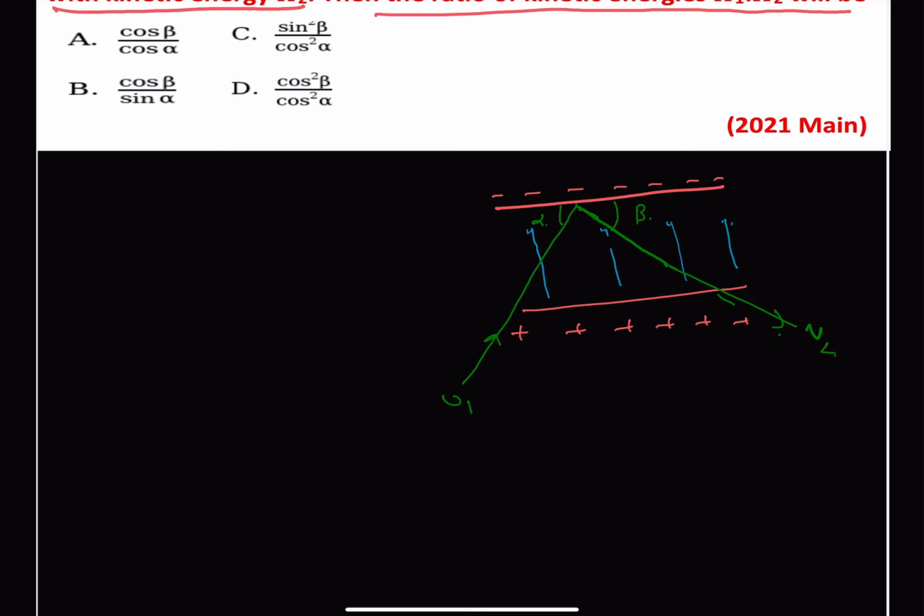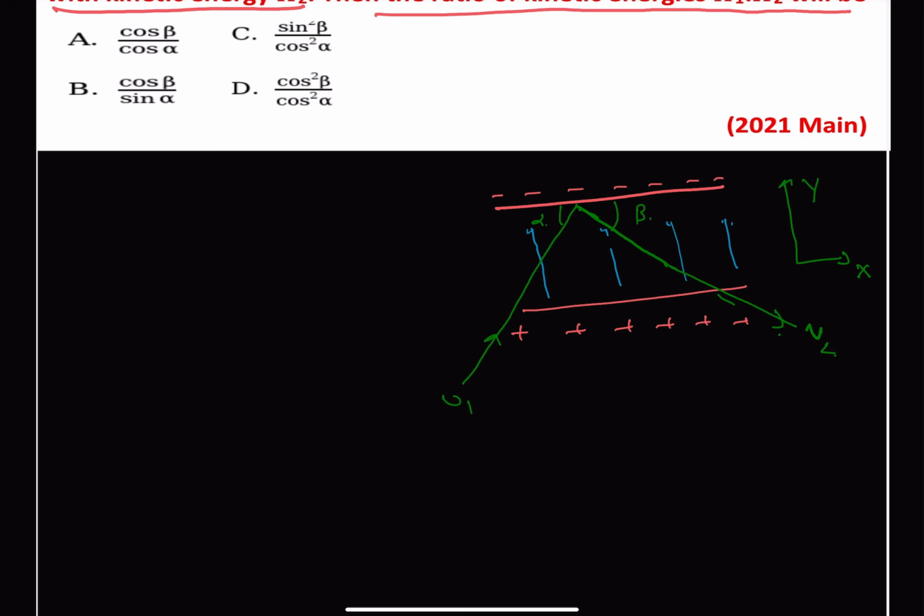Suppose this is our X and this is Y, so force will be applicable only in the Y direction.